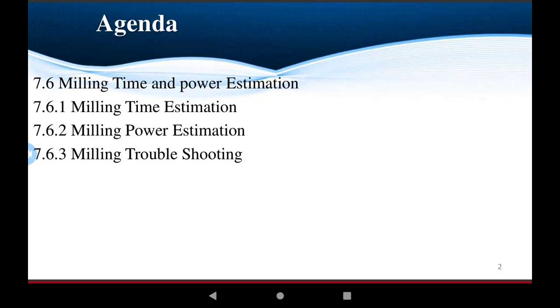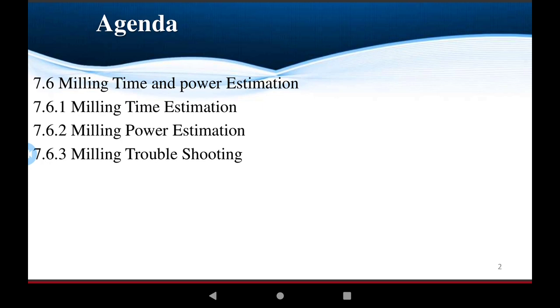Okay, milling times and power estimation. First, the milling time. This starts with the manufacturing operation of milling machines and an analysis of the milling time. Cutting metal is performed by milling cutters, and this operation is known as the milling operation, and the time taken in this operation is known as the milling time.